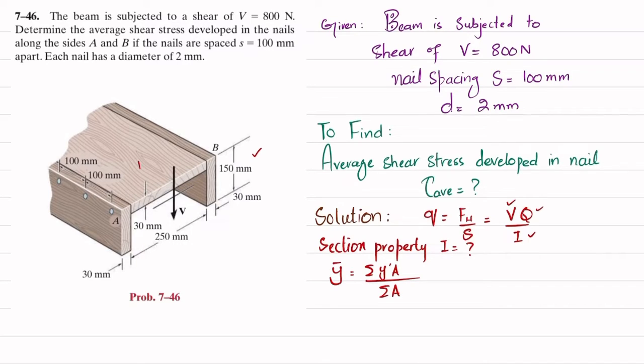Let this be 1 and this be 2. Since boards A and B are the same, we write y1 dash into A1 plus 2 times y2 dash into A2, divided by A1 plus 2 times A2.